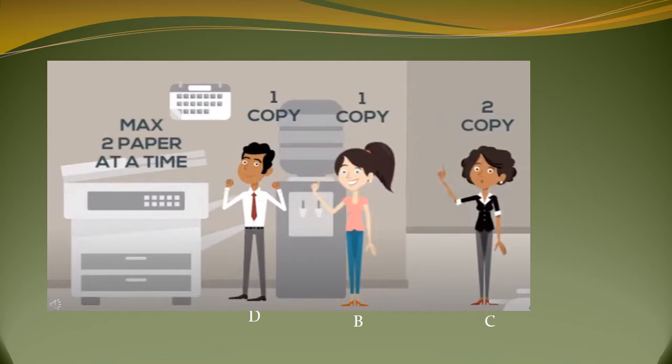And in the meantime, customer D came to the front position of that queue to have his one copy of Xerox. As his number of copies is only one, which is less than two, the number of copies that the Xerox machine can serve at a time, customer D got his required copy and left the queue as well as the shop.